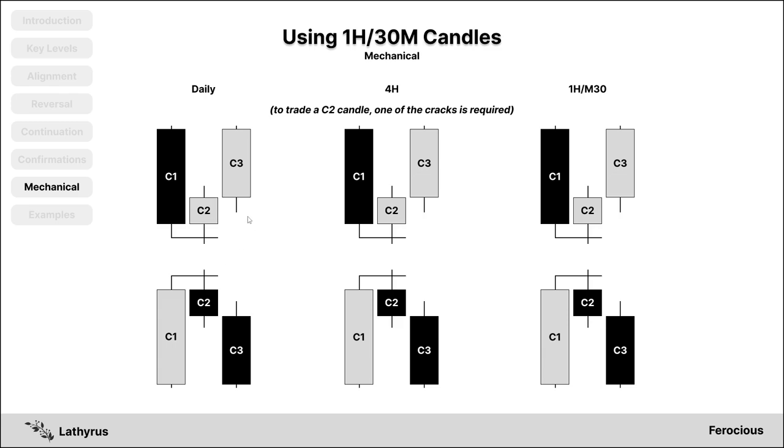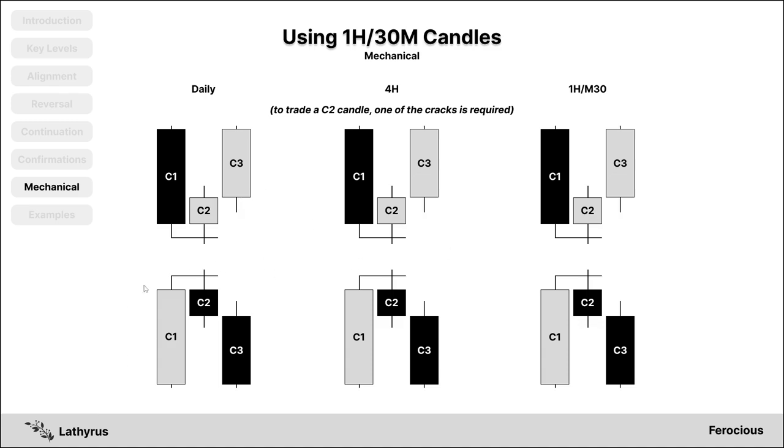But the thing is, I do not need to be on every time frame in the same C2 or C3 candle. So I can trade a daily C3, a 4 hour C2, and then a 1 hour or 30 minute C3 again. So to make this mechanical, I require a C2 or C3 candle on the daily, a 4 hour C2 or C3, and for the 1 hour and 30 minute, I do require a C2 or a C3 once again, but the variants are different, right?